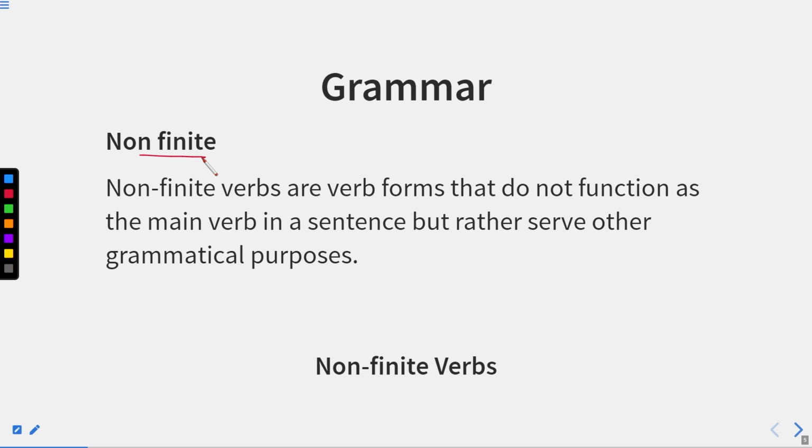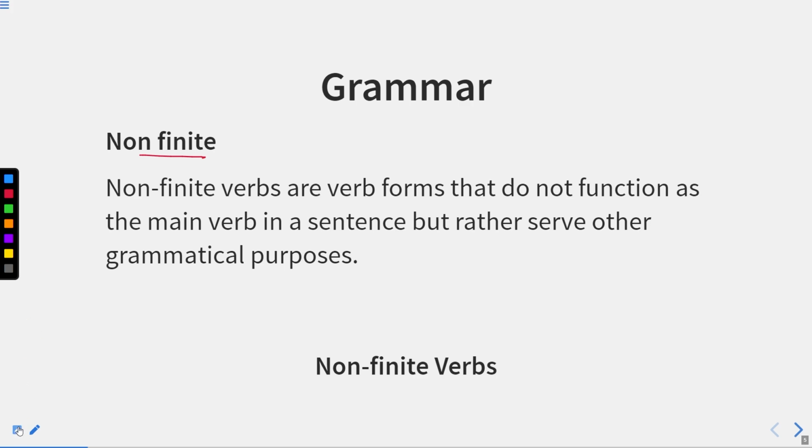If a word is showing the action, the possession, or the state of being of someone, that is known as a verb, which we have already discussed in our verb chapter. But a non-finite verb looks like a verb but does not perform any action, does not show any state of being, and does not show any possession. That type of word is known as a non-finite verb.